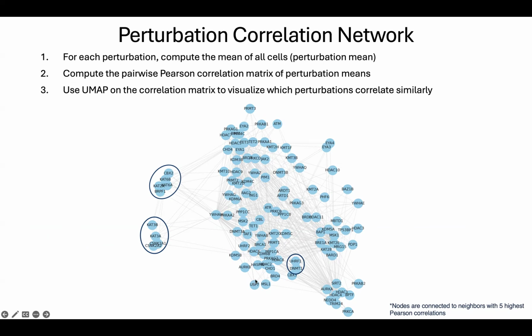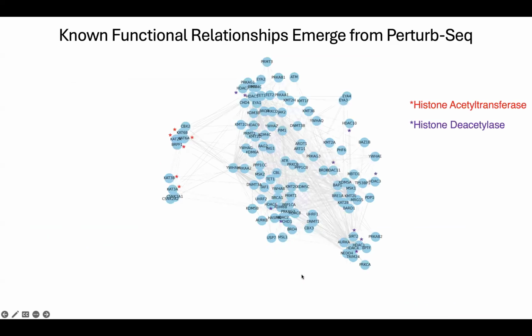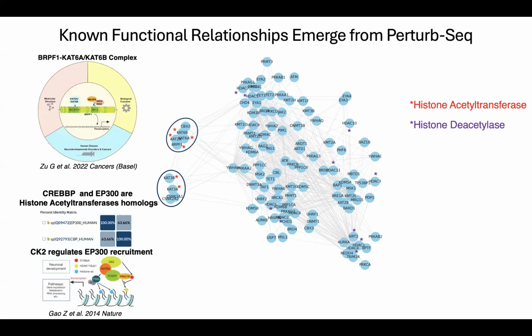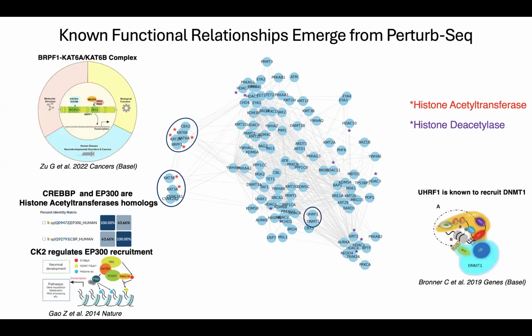What you can start to see is that there are clusters in this plot that have known biological meaning. Just to go into some examples, one is that we notice that histone acetyltransferases on the left here and histone deacetylases on the right tend to cluster closer to each other, right? And then looking more at what we know in the literature, I'm just going to go to the DNMT1 and UHRF1 example.